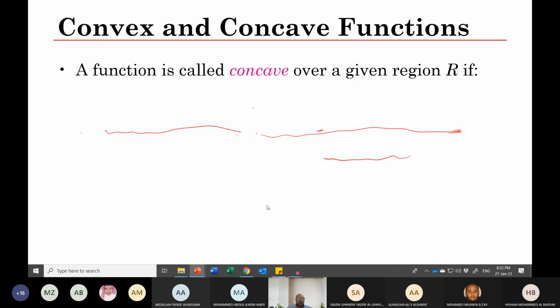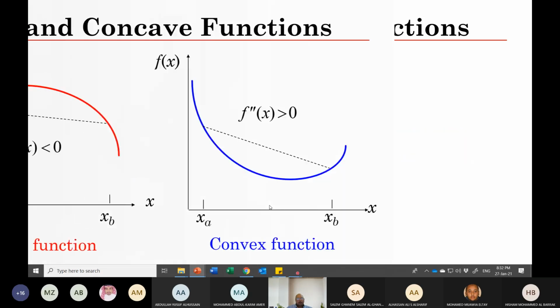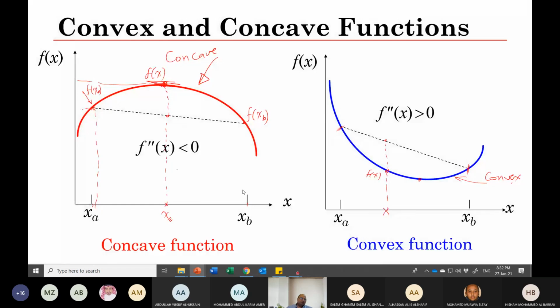Okay, so let us go back to this one here. If you want to interpolate between XA and XB, you will have a value here somewhere in between, right? Yes.